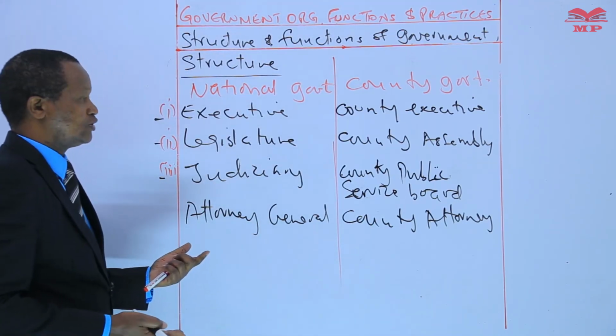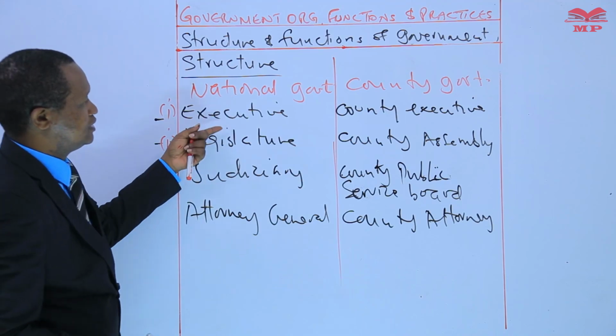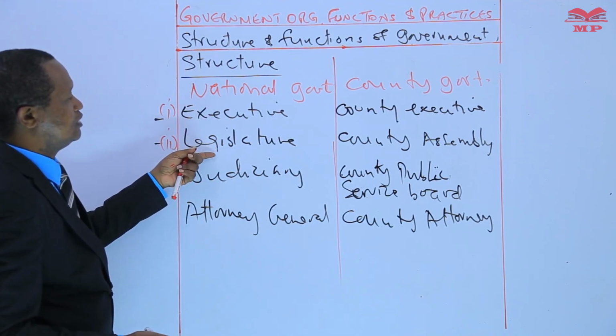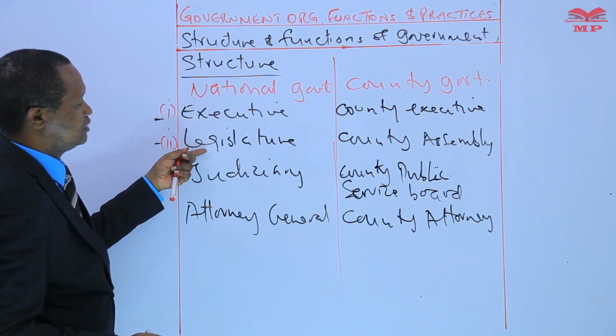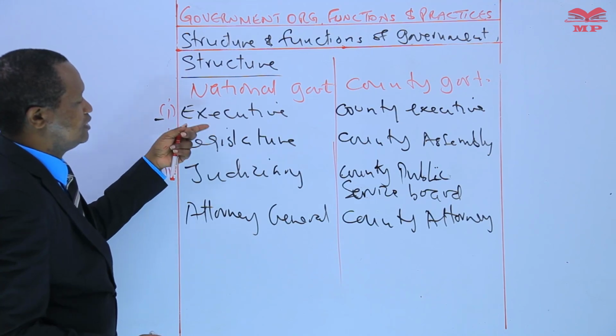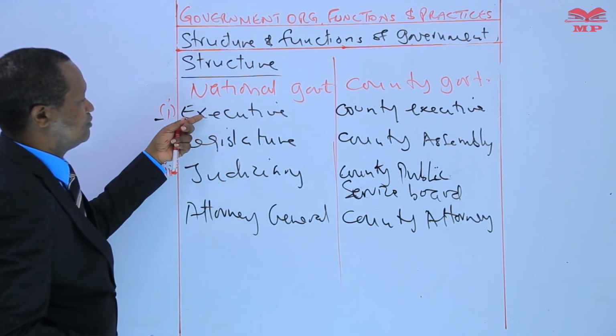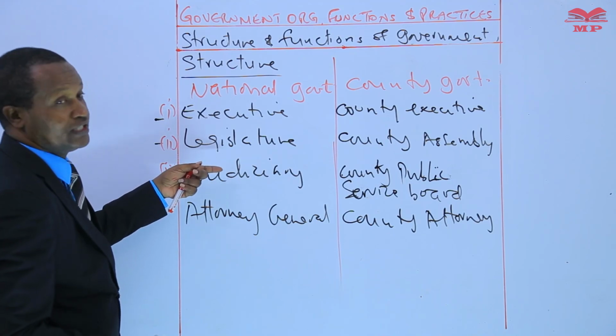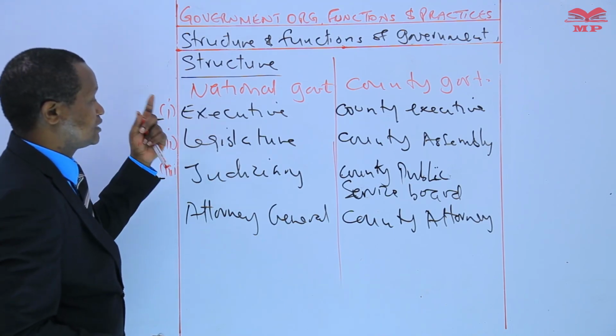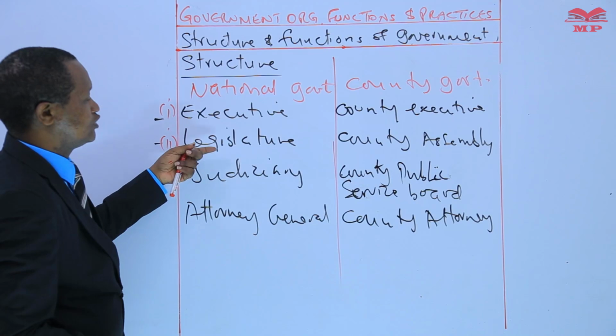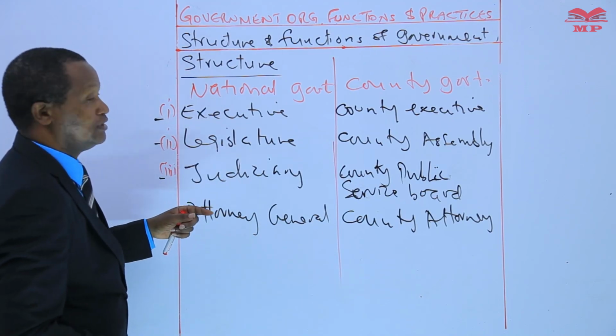Of course, I said there are departments within these structures. We have departments, ministries within the executive arm of government. At the legislature, we have the various committees within the National Assembly and the Senate.